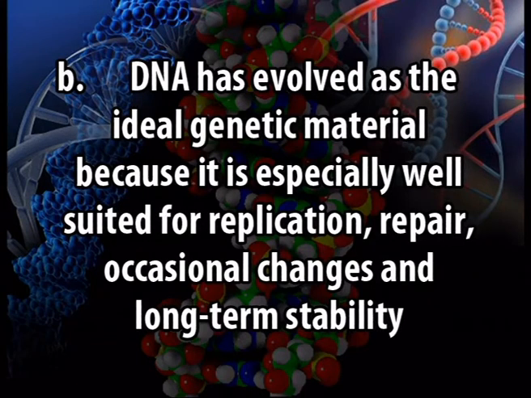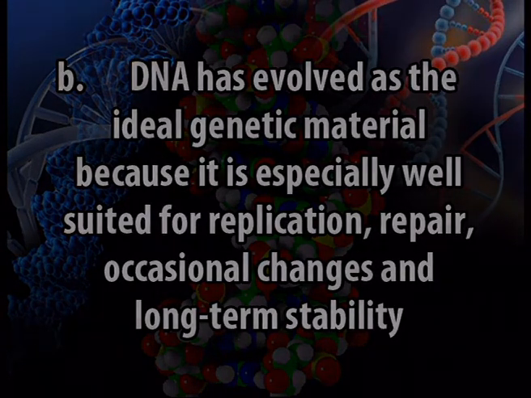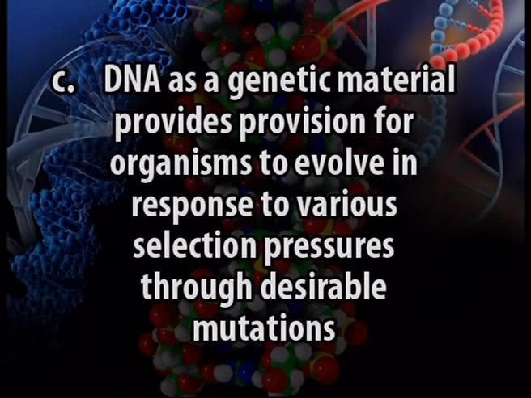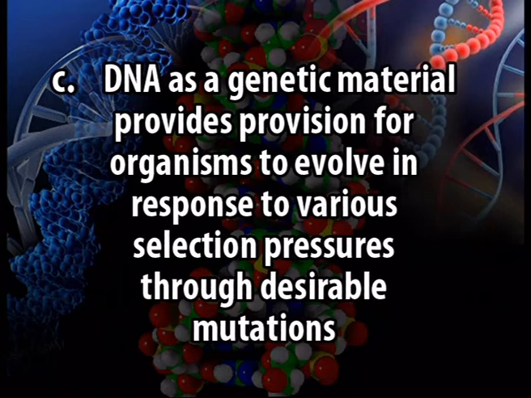Then the second important thing is that DNA has evolved as the ideal genetic material because it is especially well suited for replication, repair, occasional change, and long-term stability. Moreover, DNA as a genetic material provides provision for organisms to evolve in response to various selection pressures through desirable mutations. That means DNA fulfills all the important criteria to act as a perfect genetic material.